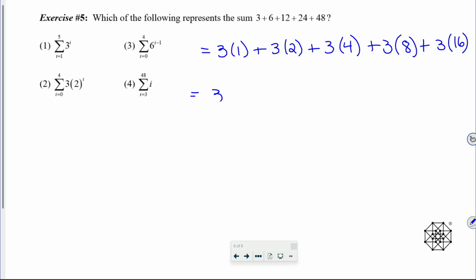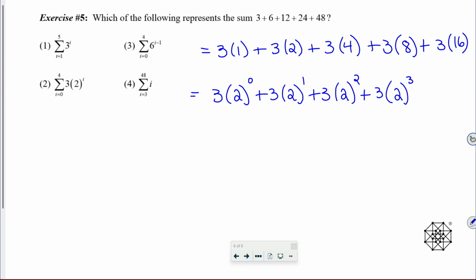Specifically, this is 3 times 2 to the 0 plus 3 times 2 to the first plus 3 times 2 to the second plus 3 times 2 to the third plus 3 times 2 to the fourth.